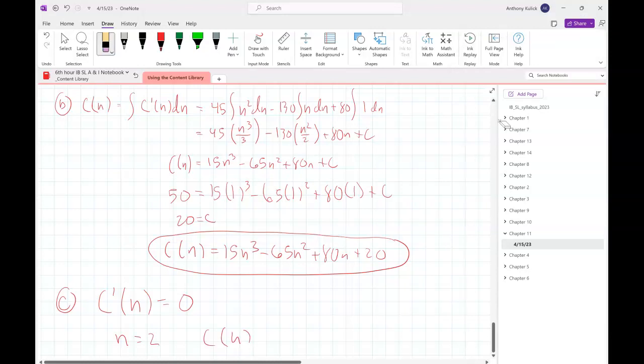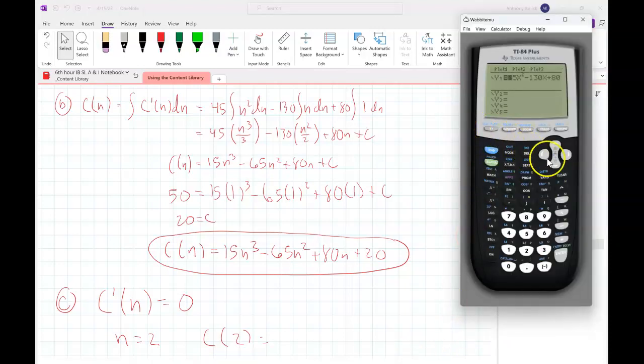And then the production level would just be C of 2. Which again, I could plug that in by hand, or what I'm going to do is type the equation in here and then just do like y2 of that.